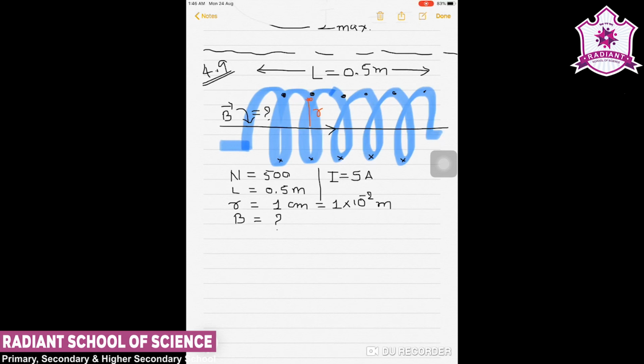Obviously, the equation of B for a solenoid is B equals mu 0 into small n into the current I. Here we know that small n is the number of turns per unit length.